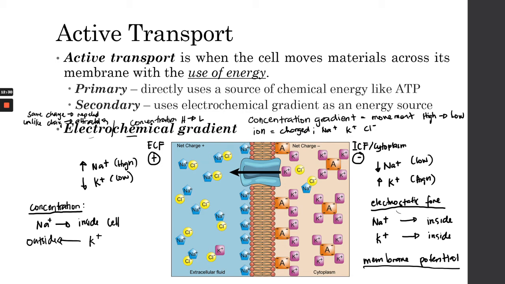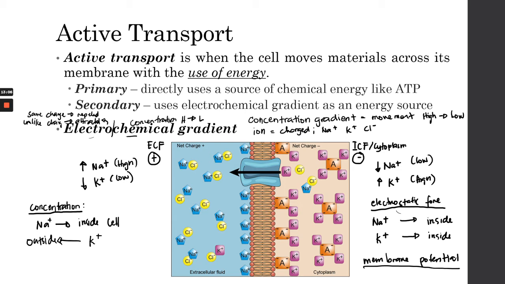So how is this electrochemical gradient established? How does the cell establish this membrane potential, this difference in charge? And that is through what we call transport. The cell needs to find a way in order to keep the concentration of sodium and potassium kind of constant.